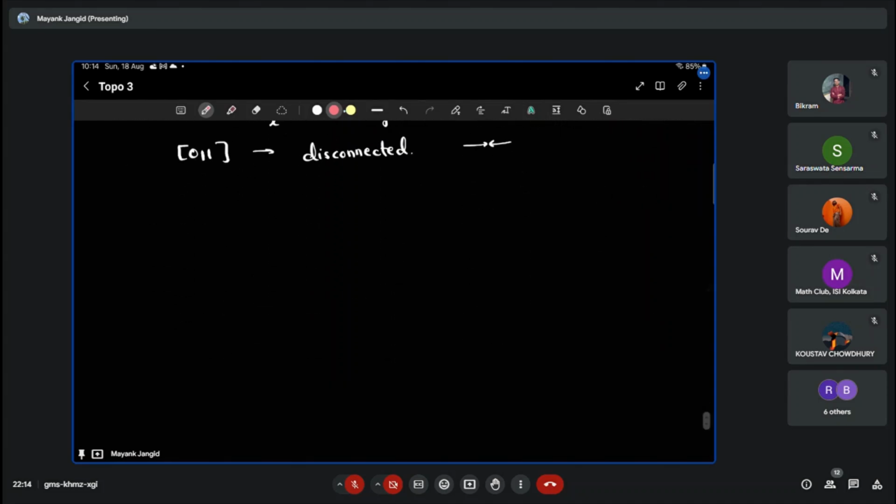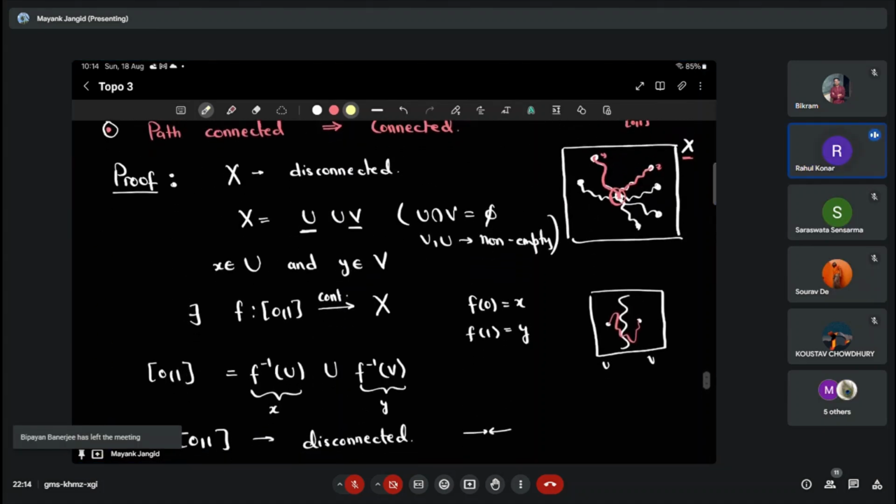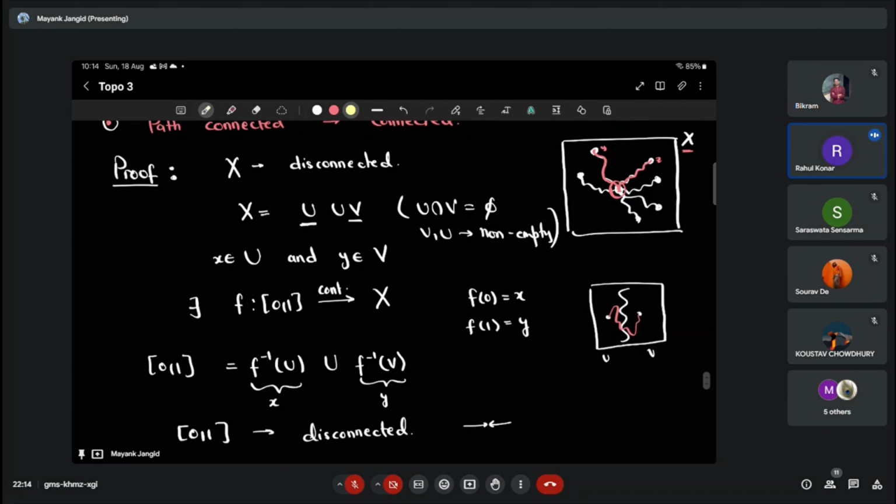Okay, fine. So there are certain examples. I don't think we have too much time left for completing those things, but I will at least mention one. Sorry, why is f inverse u union f inverse v the entire 0, 1 space?